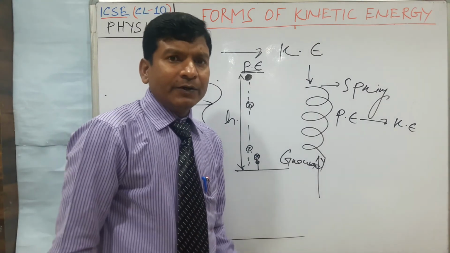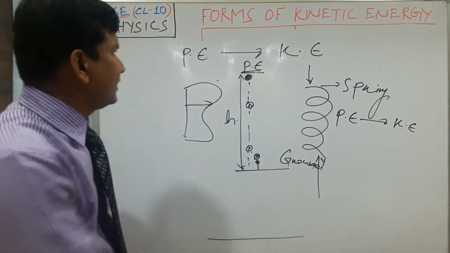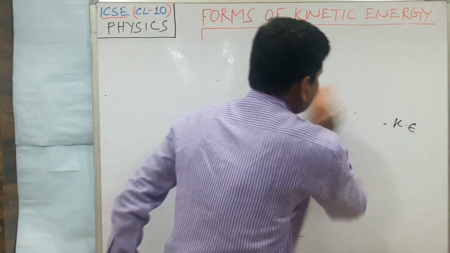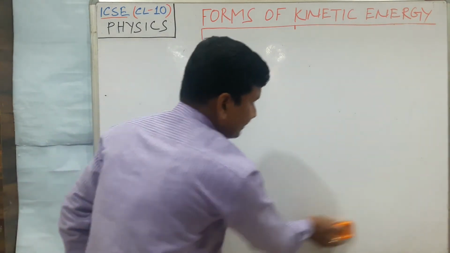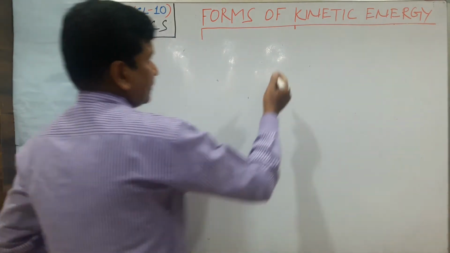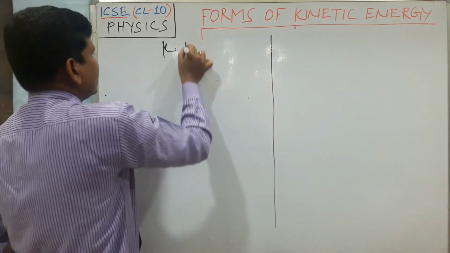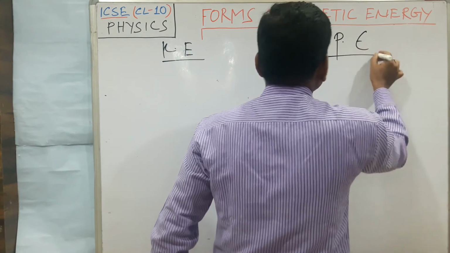So now I will give you the difference between the kinetic energy and the potential energy. Let's see what is the difference between kinetic energy and potential energy. Both forms of energy you have now learned, so you may be able to tell me. Kinetic energy and then potential energy.